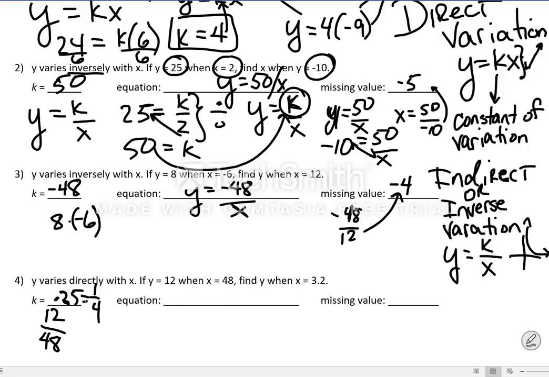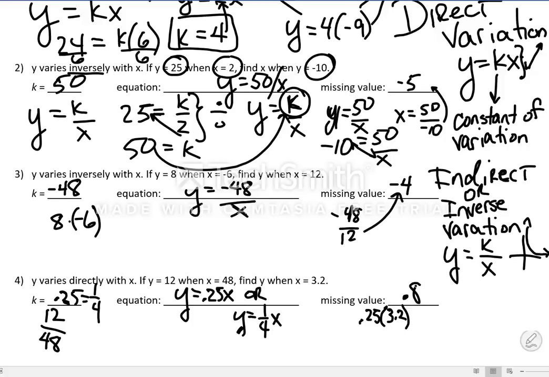My equation now is going to be y equals 0.25x, or y equals 1/4 x. Whichever one you want to write is totally fine. And then the missing value is multiplying 0.25 times 3.2, which would be 0.8, or whatever, but you know they're the same values.